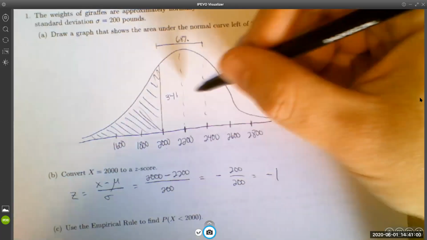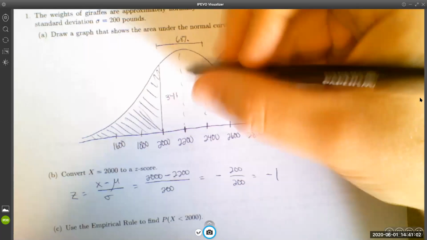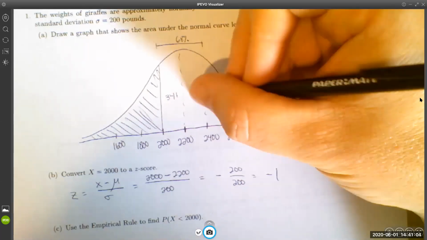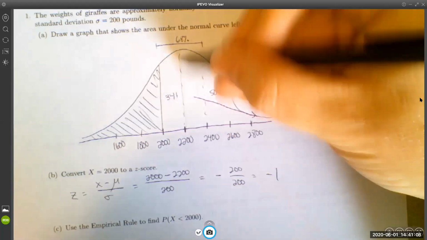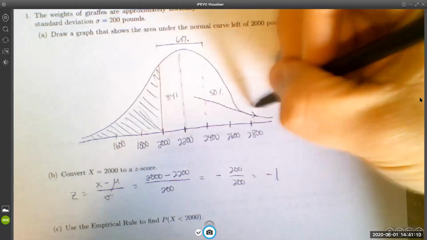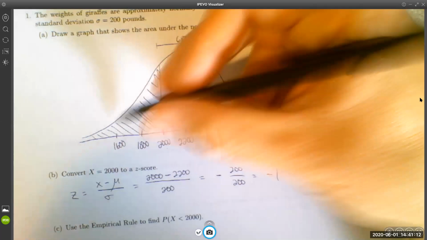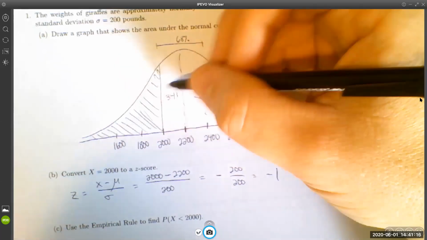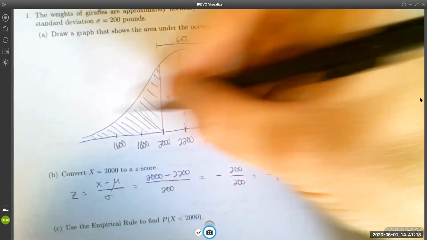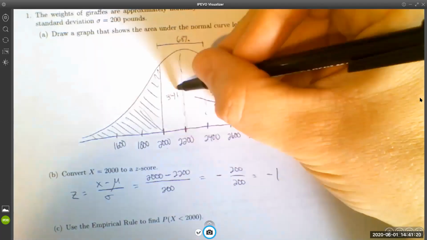And maybe instead of labeling this 34%, I'm just going to say from here on is 50%, right? Because this is a symmetric distribution. So to the right of this line, you should have 50% of your data, and then to the left, you should have 50%. So really, what's shaded in here is 50% of the data minus this 34% that's not shaded in.